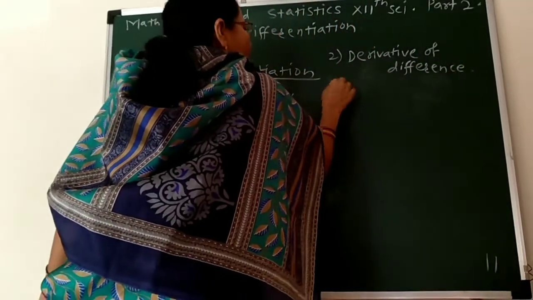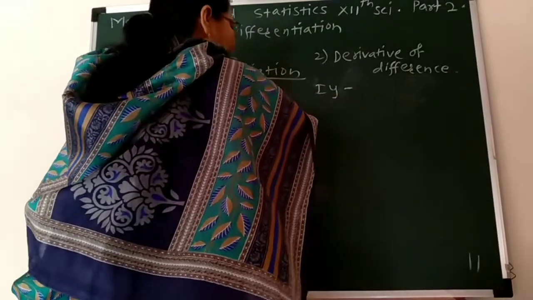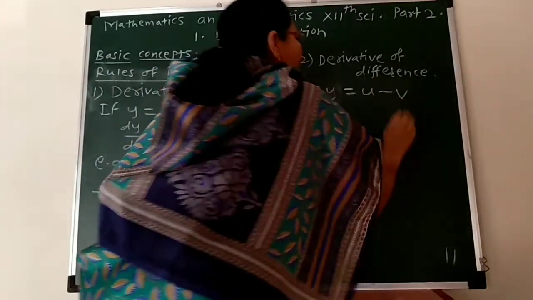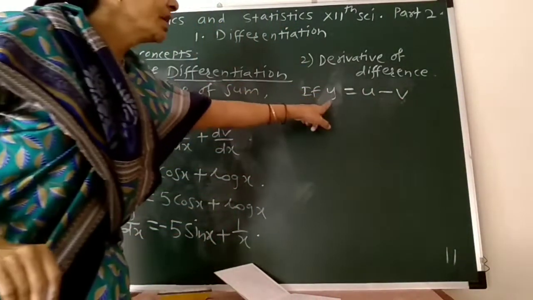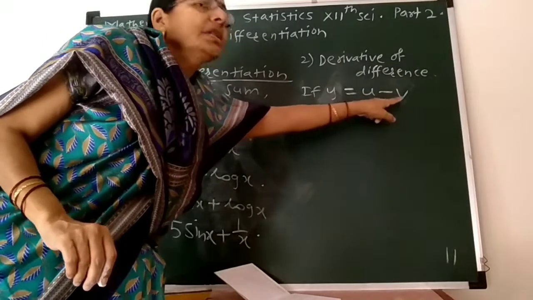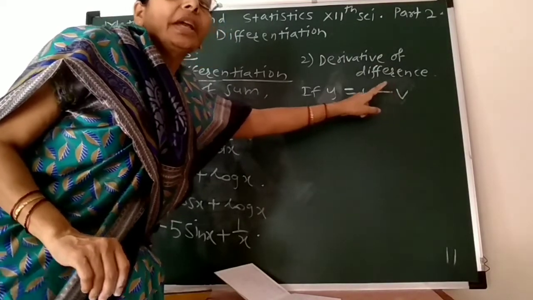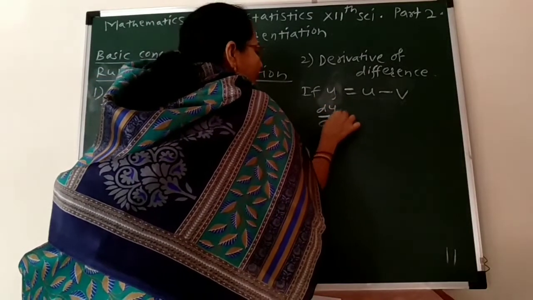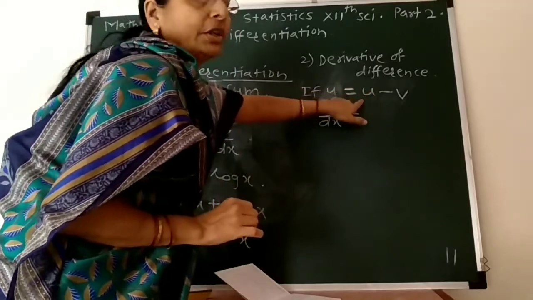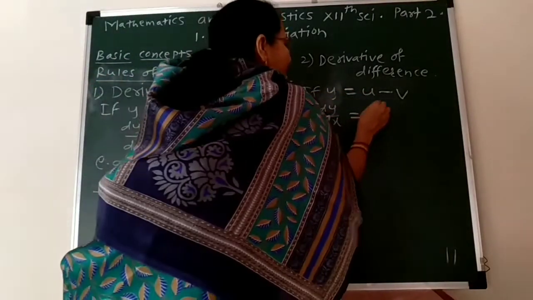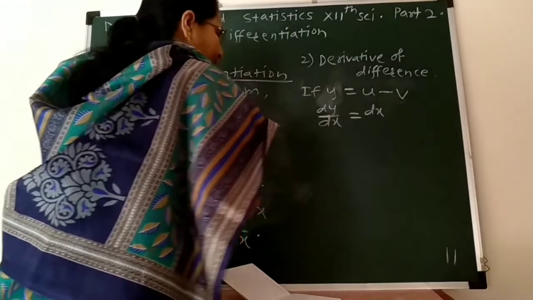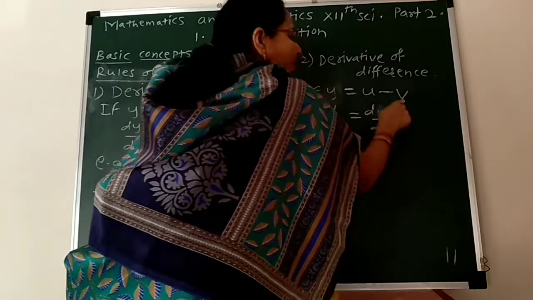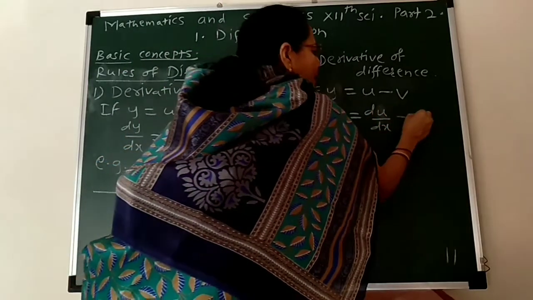If you have y is equal to u minus v, that means there is a difference of two functions and we have to take the derivative. dy by dx is equal to the derivative of the first function, du by dx, minus the derivative of the second, dv by dx.